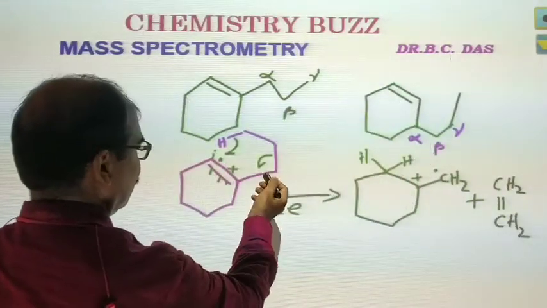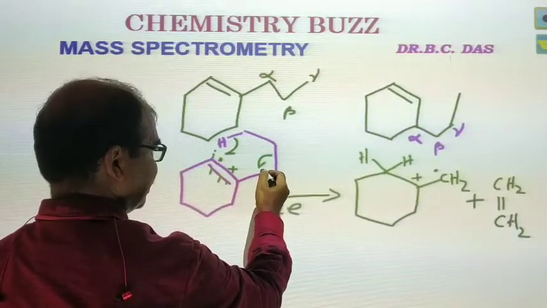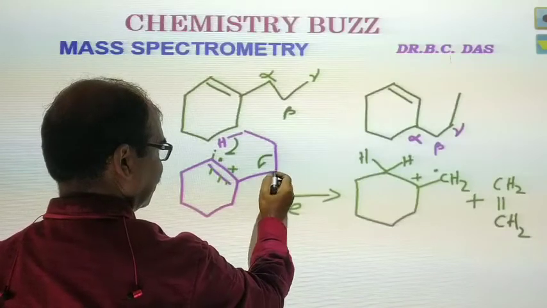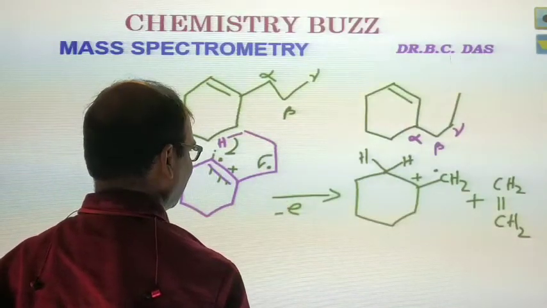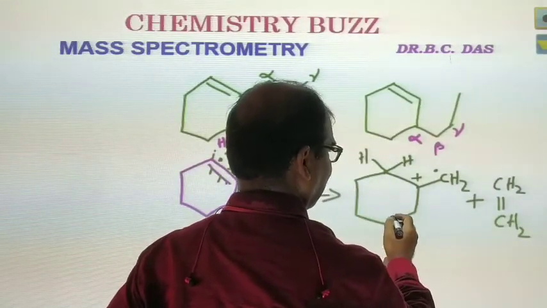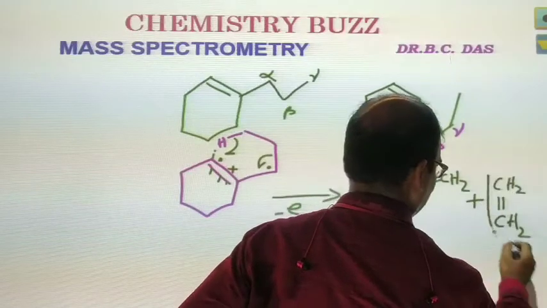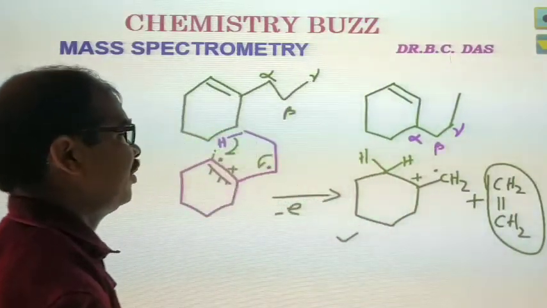When this bond polarizes in this direction with a single electron, the electron is left on this carbon atom. So this is the radical cation form, and this is the neutral fragment formed due to McLafferty rearrangement.